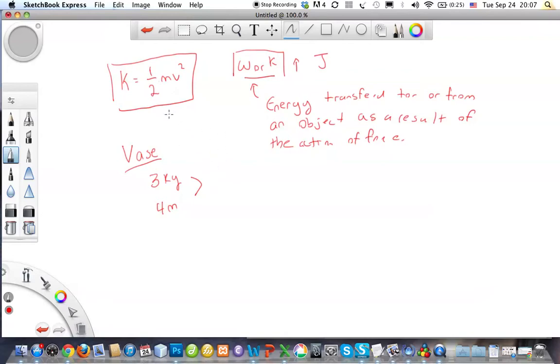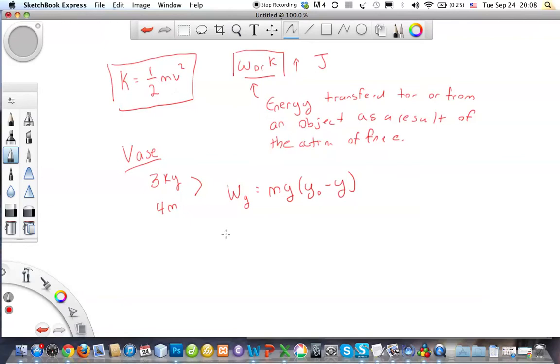With that being said, we can say that the work of gravity is equal to the mass times the gravity, which is negative 9.8, times the initial position minus our height. I'm going to say y naught minus y, which will end up canceling these two negatives out, giving us a positive work.